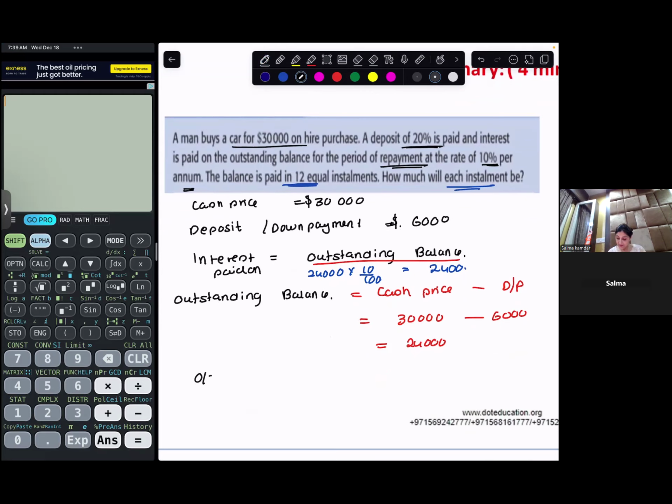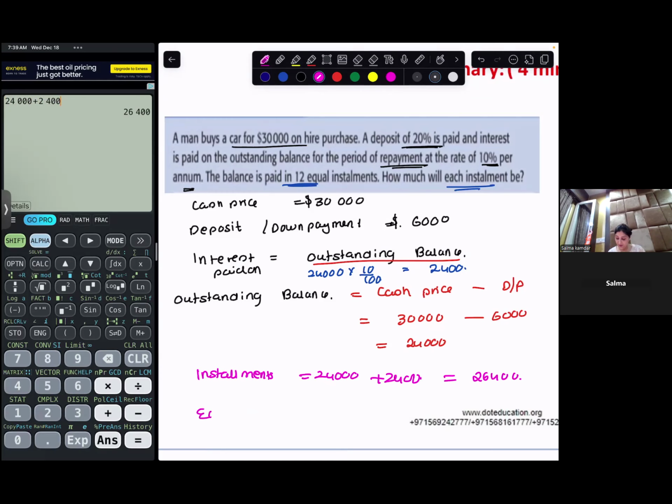The money I'm going to pay in installments would be 24,000, that is my outstanding balance, plus my interest of 2,400. So 24,000 plus 2,400 is 26,400.